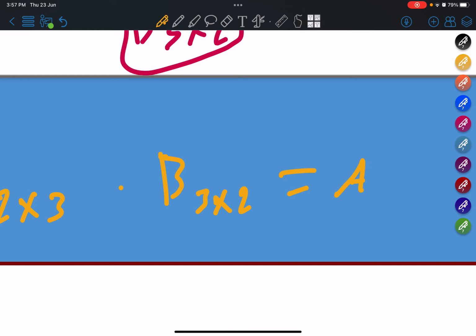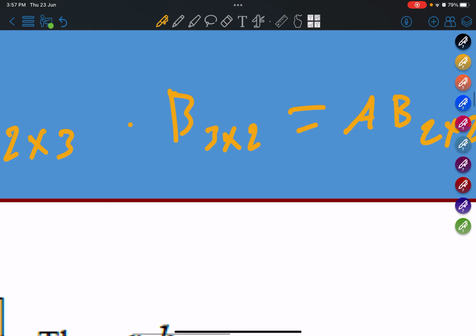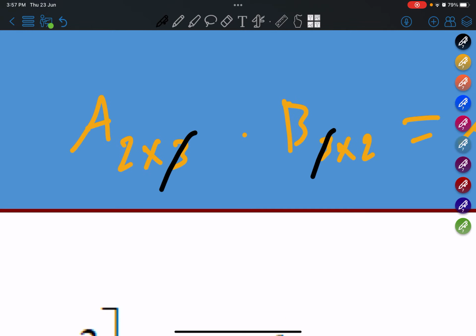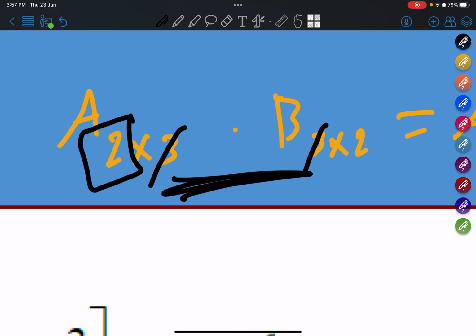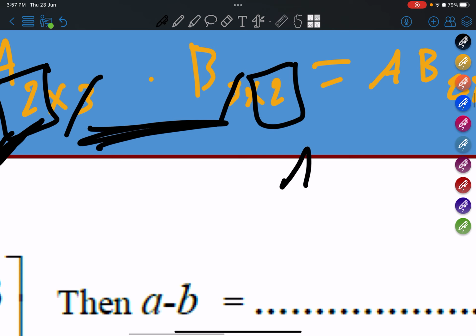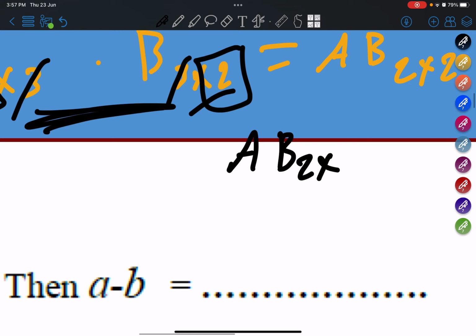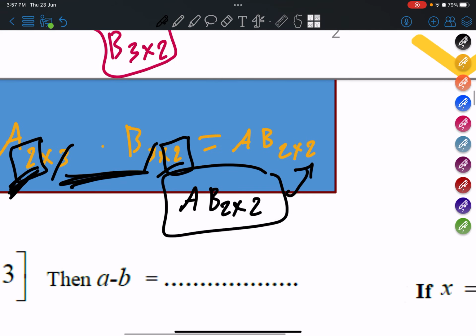Does it equal AB with the order 2 cross 2? So first of all we remove these two, so essentially now they are conformable, and we take the number of rows in matrix A and the number of columns in matrix B and plug them together. So AB with the order, here we have 2, here we have 2, so 2 cross 2. And this is equal to this, which means that we have the right answer.